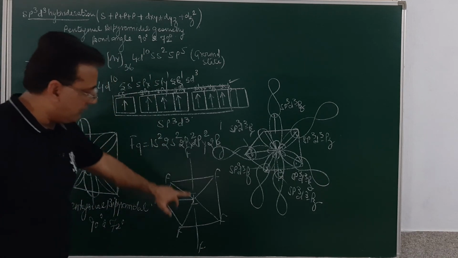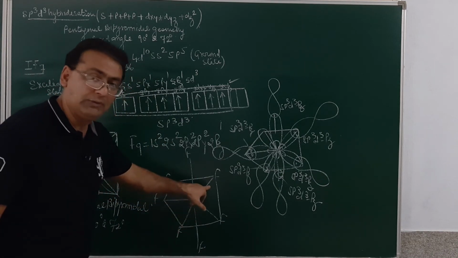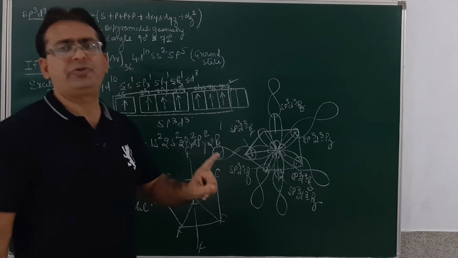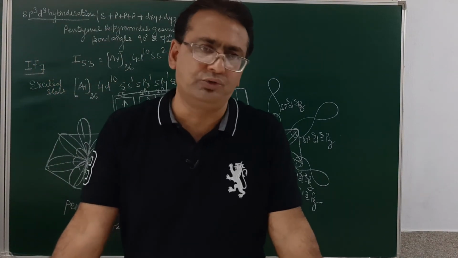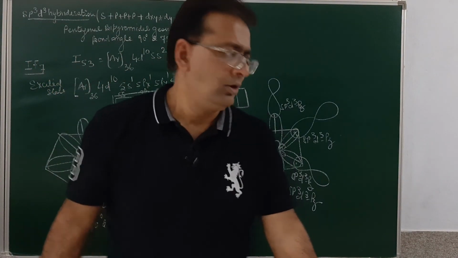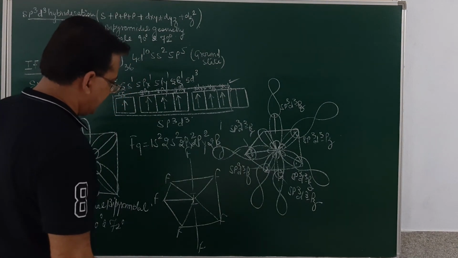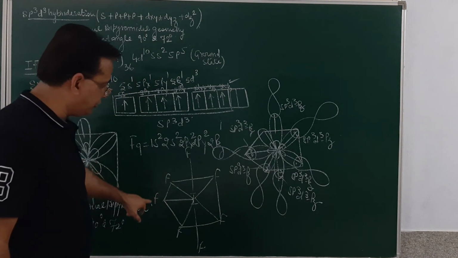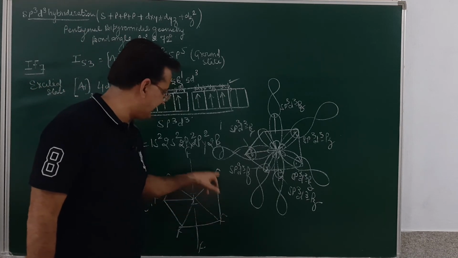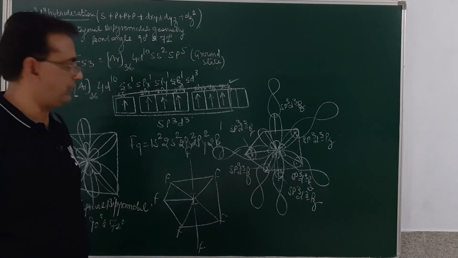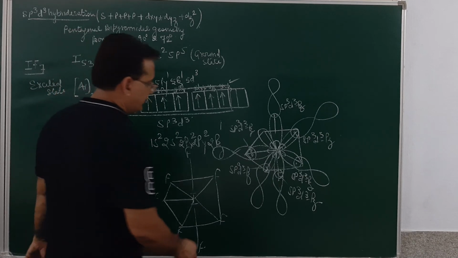This is the axial bond. These are equatorial bonds. Axial bonds are longer than the equatorial bonds. Why? Due to repulsion at the axial position. So these are 1, 2, 3, 4, 5, 6, 7. And this is iodine heptafluoride, with pentagonal bipyramidal geometry.